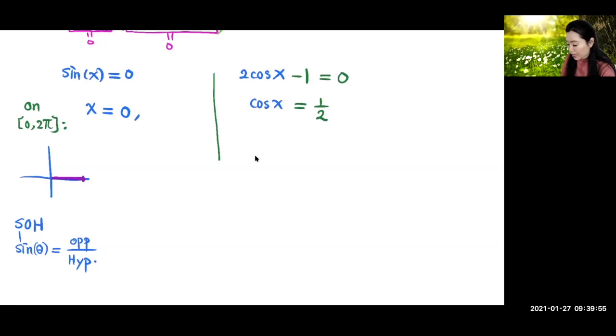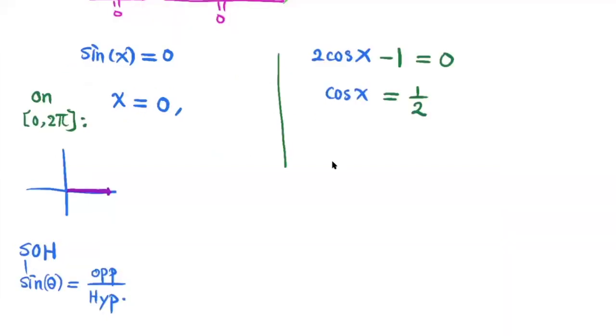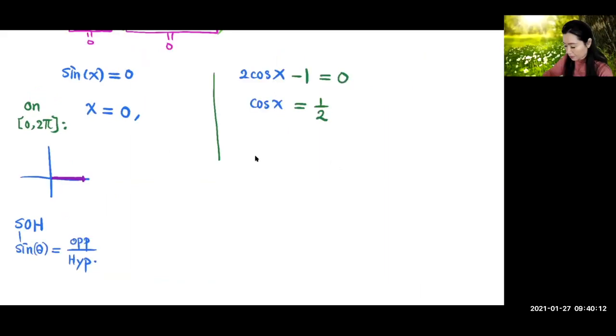Now, can you find another angle from 0 to 2 pi where sine of that also equals 0? What's the other angle? Pi. Pi over here, right? So we have pi also. Sine of that will also equal 0 because the opposite side here is 0.